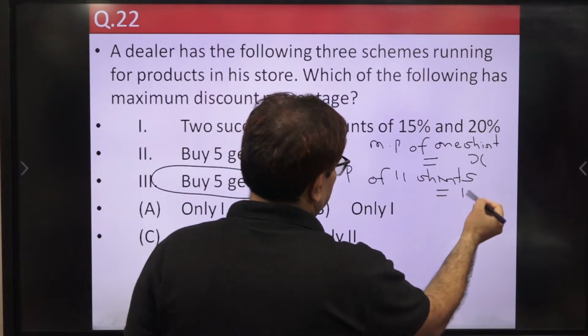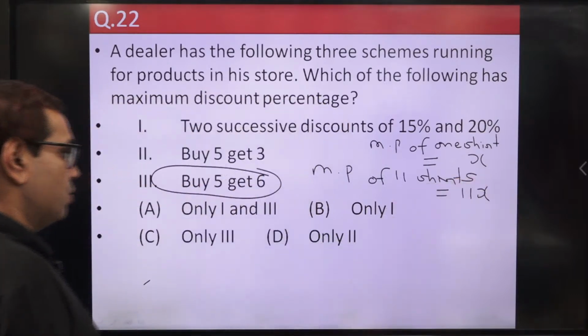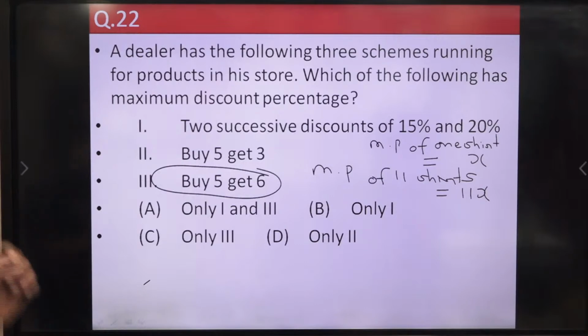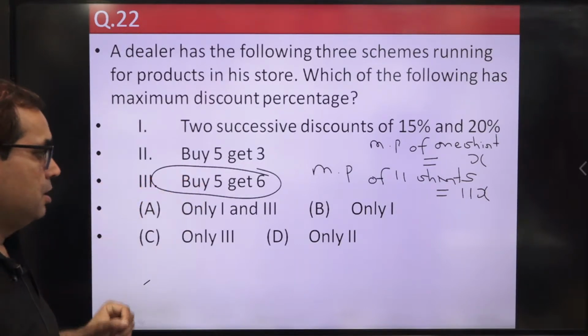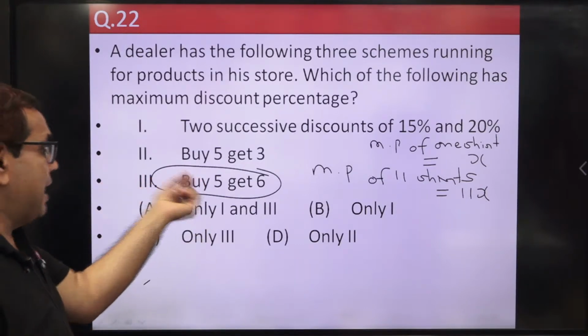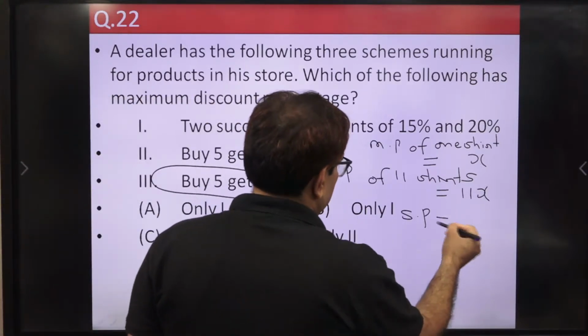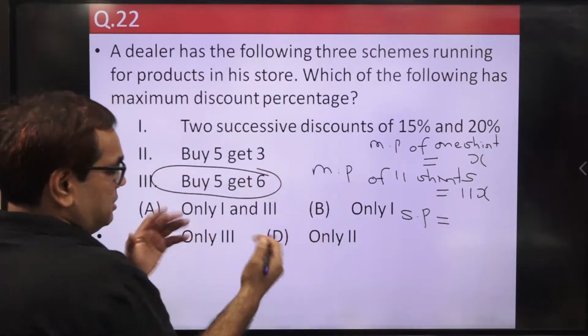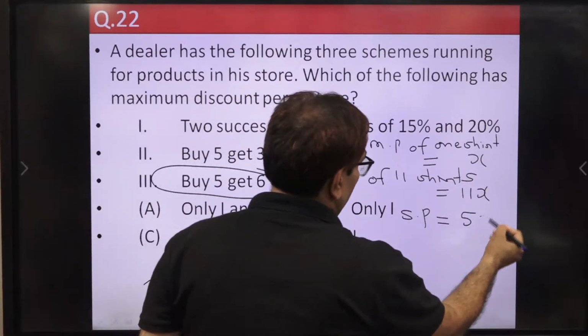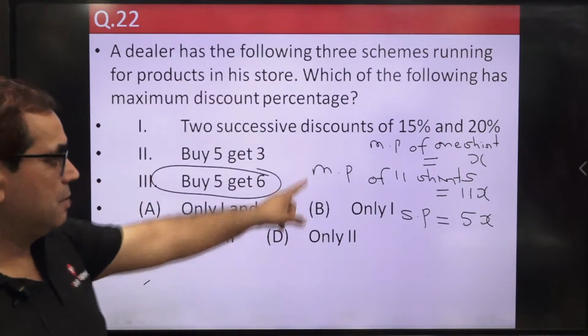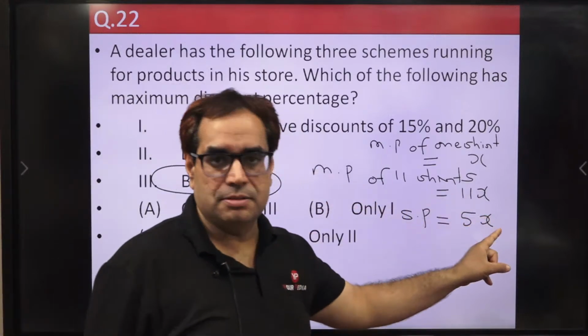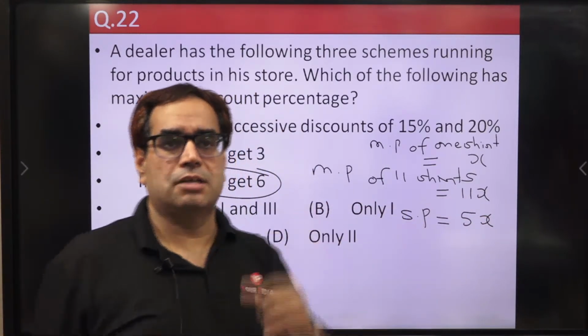That will be 11x. But the customer is paying only for 5, so he is paying 5x only. So selling price of these 11 shirts is 5x only. This is the mark price, this is the selling price, and we have to calculate the discount.